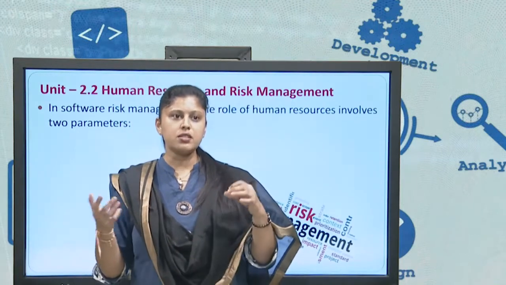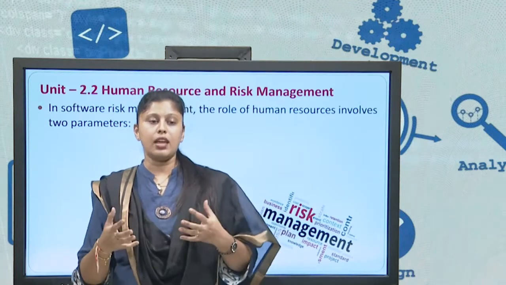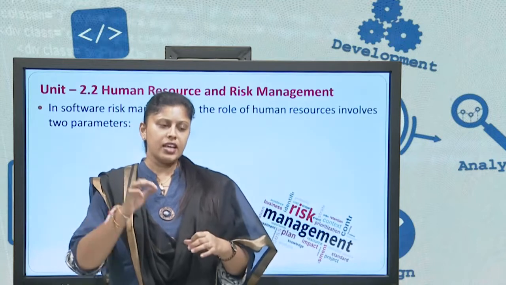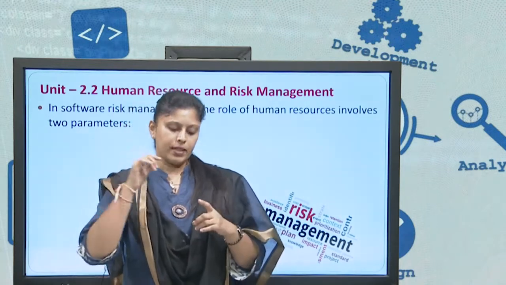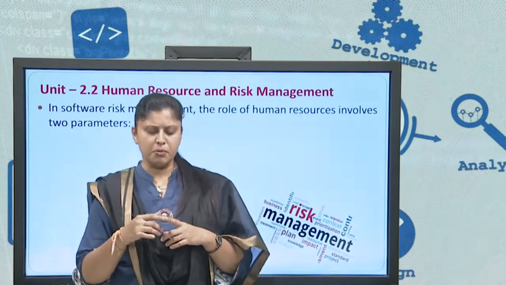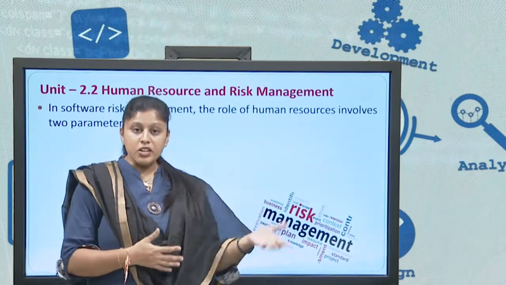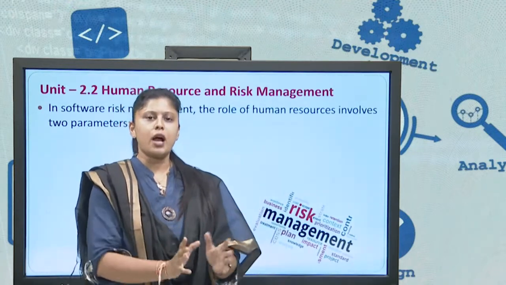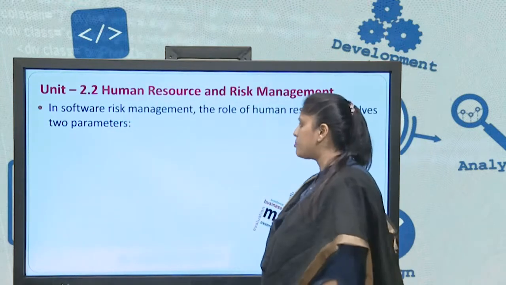But it is not only the people who recruit employees. It includes the entire human resource that you have: your management department, your technical department, your software department. All that comes under human resource. So let us see what human resource is and what the risk management aspects are.